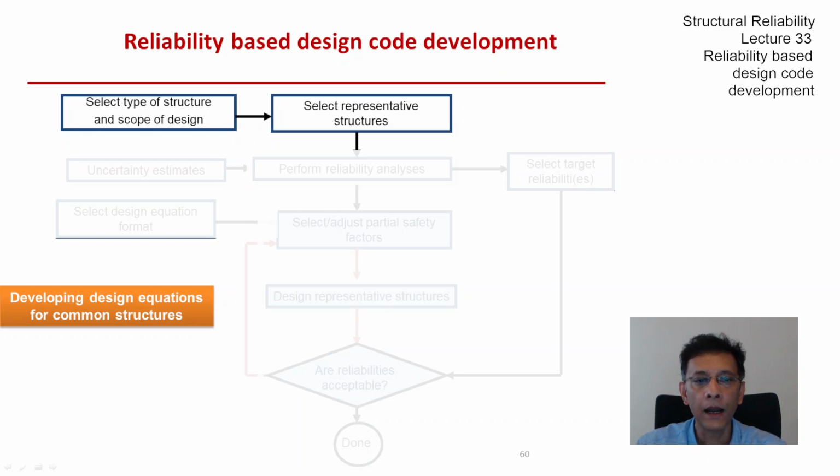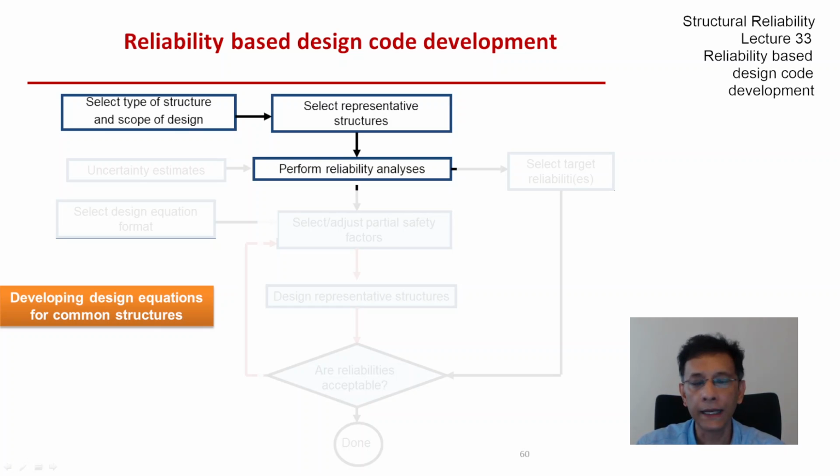Then we carefully select representative structures from this type that cover the entire range of design situations that we are interested in. Following this, we could perform what is known as a calibration exercise if we do not have an independent knowledge of what reliability we should aim for when we derive this new design equation.